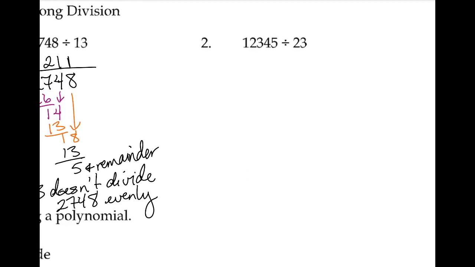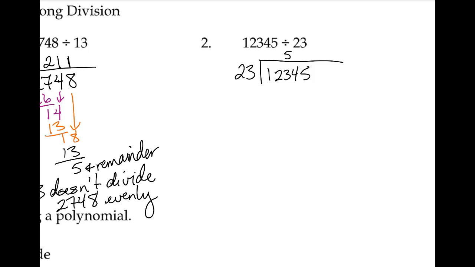So if we try this next one, and again, you can do this by practice, or you can just follow along here, because this is not actually what the unit is about. 23 does not go into 12 evenly, so I'm going to have to start all the way back at 123, which goes in 5 times. I know that because if I start working with like 25s, I can estimate that. If you don't believe me, you could double check with your calculator by multiplication.